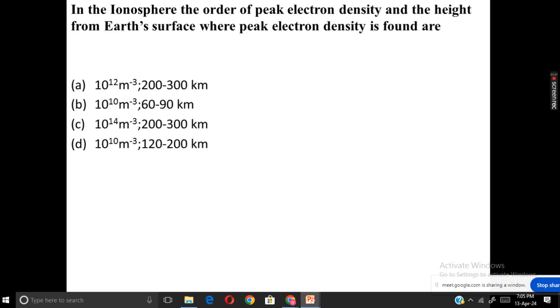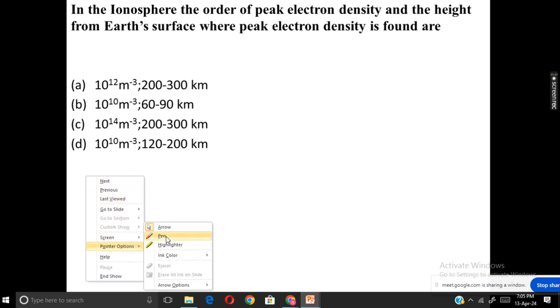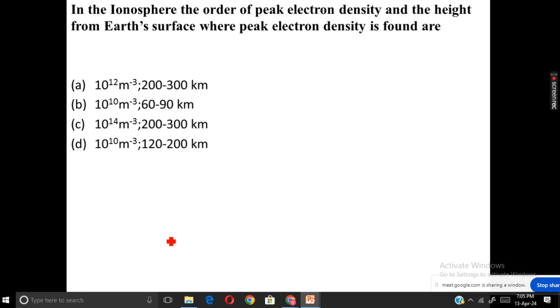The second question: in the ionosphere, what is the order of peak electron density and the height from Earth's surface where the peak electron density is found? The question is where the peak production occurs, what is the peak electron density and what is the height of the peak production, Hm and Nm, the number density during the peak production.